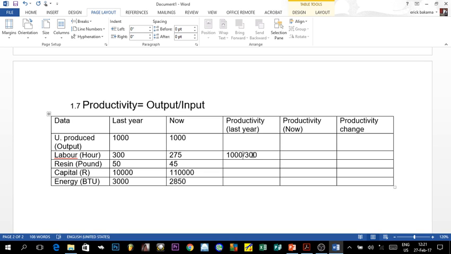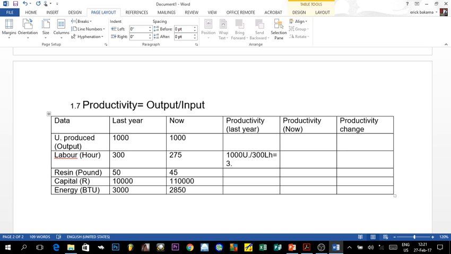So it's 1000 units divided by labor hours, I'm just going to put it LH. So the productivity in this case is 1000 divided by 300, and we're going to limit ourselves to 2 decimals, which gives 3.33 units per labor hour. So this is what they produced last year.